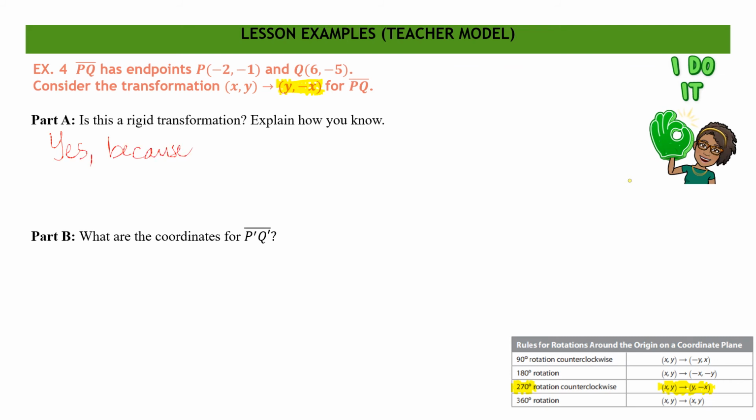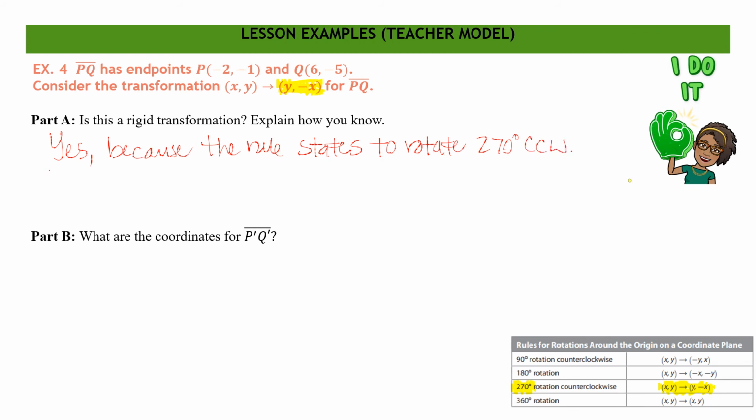Because the rule states to rotate 270 degrees counterclockwise.